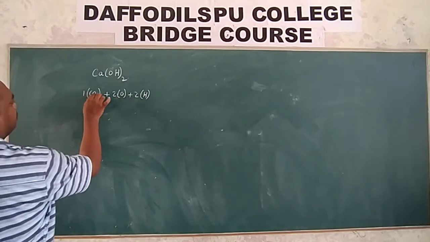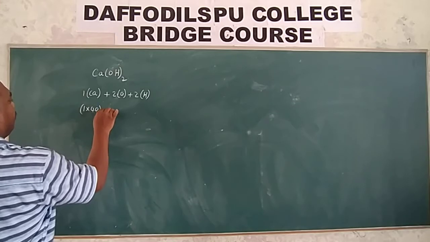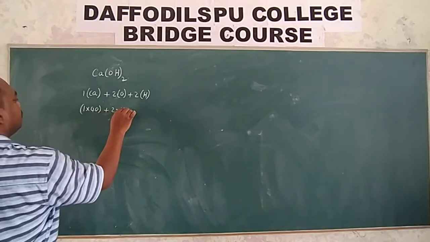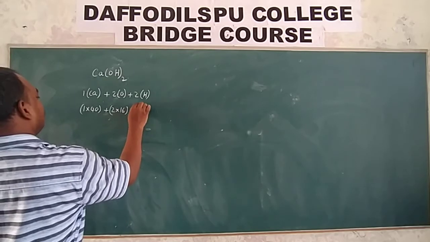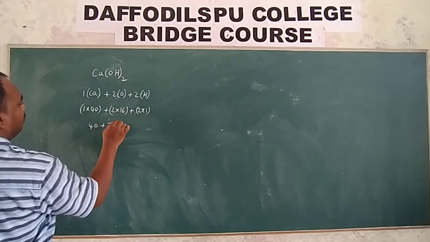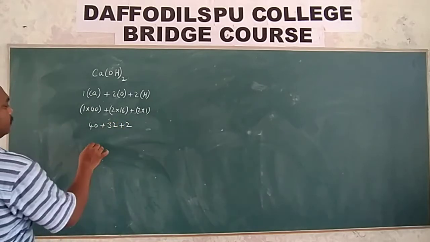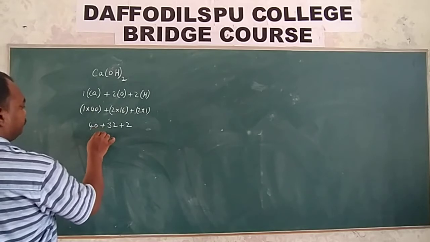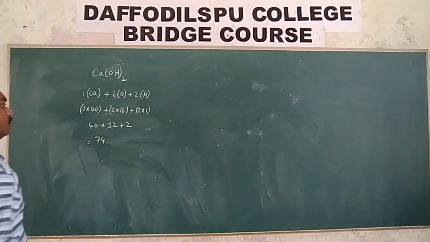Substitute the atomic weights. Calcium atomic weight is 40, oxygen is 16, hydrogen is 1. So 40 plus 32 plus 2. Total how much? 74.